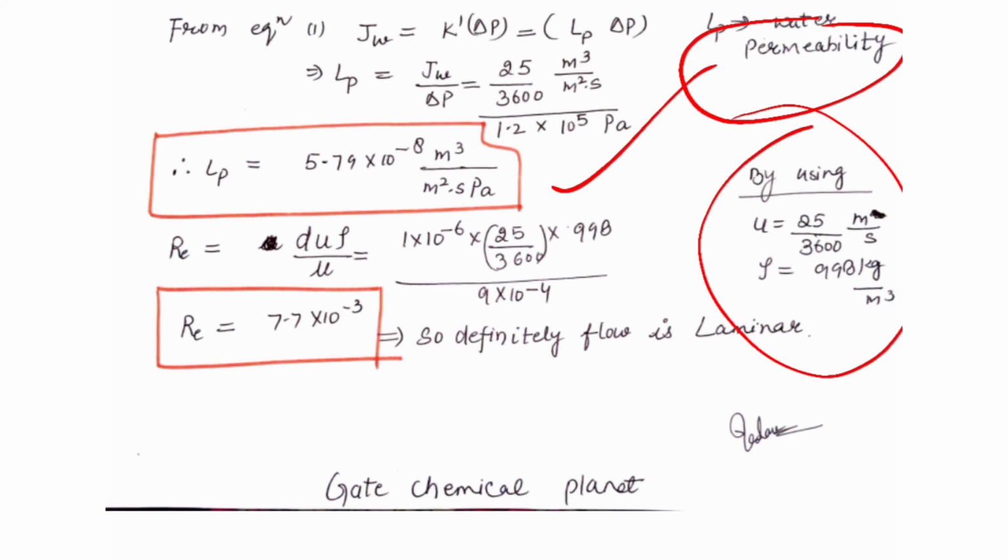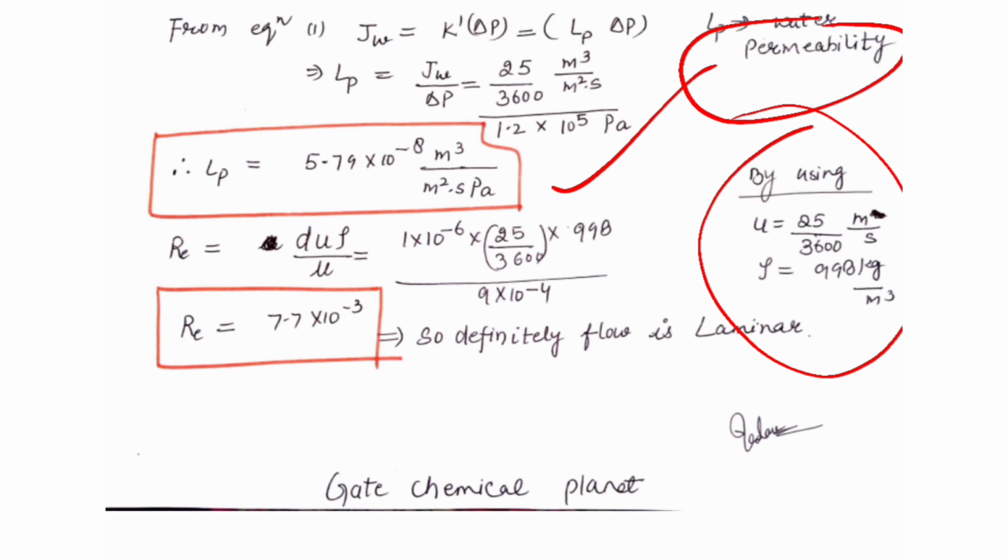The velocity we can calculate with the help of flux, because the unit of flux is meter cube per meter square second. So meter will cancel out and we get meter per second. So the velocity is 25 divided by 3600 meter per second.